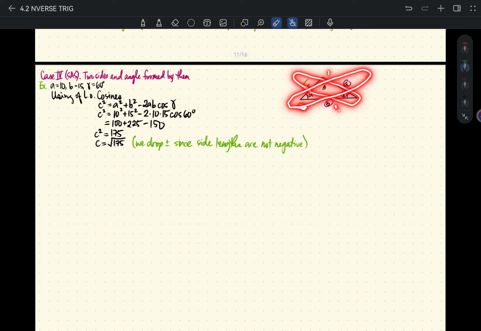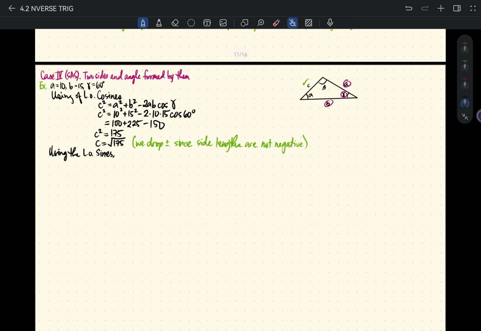So if we choose that one, you have C, you have gamma, you have A. What's missing is alpha. So let me write here, using the law of sines.